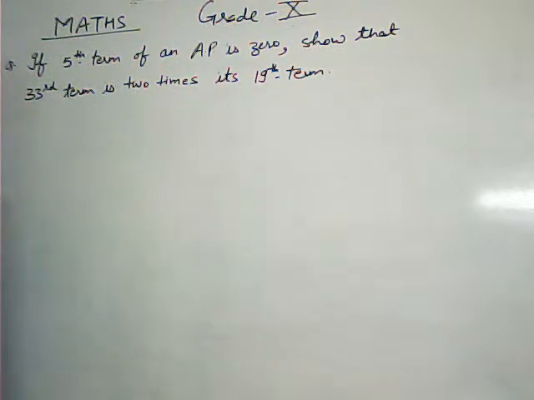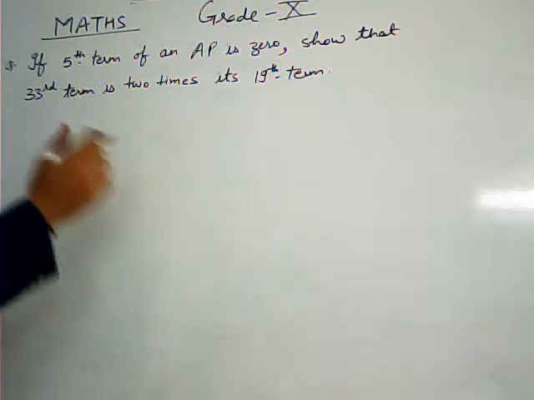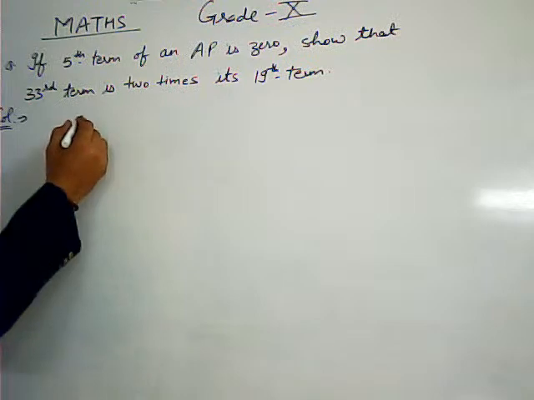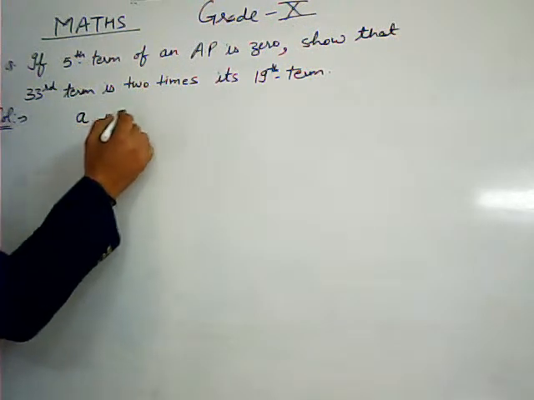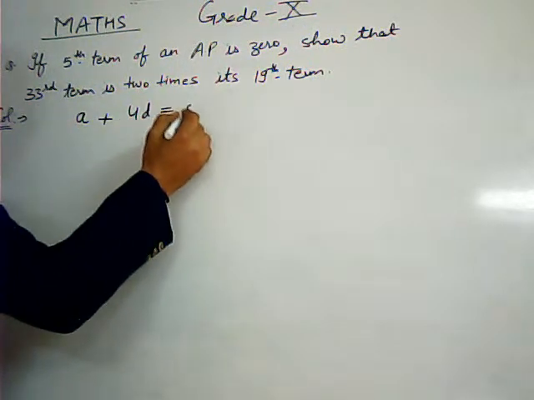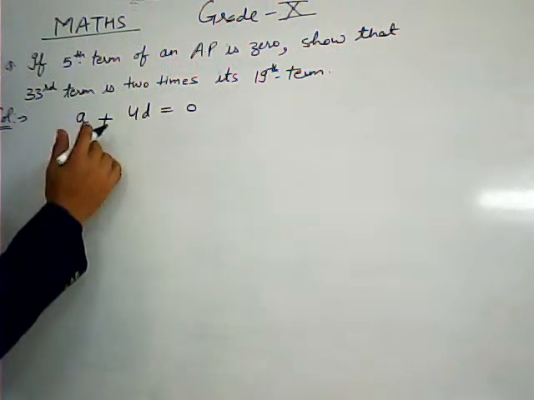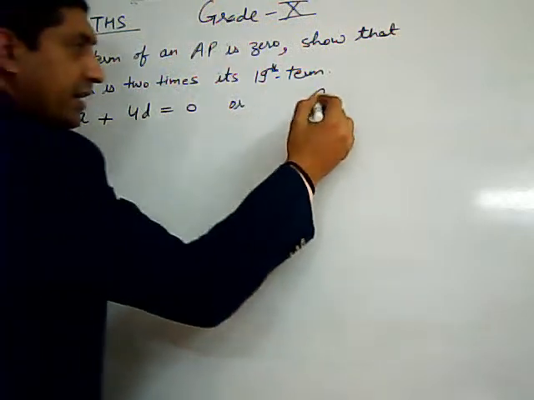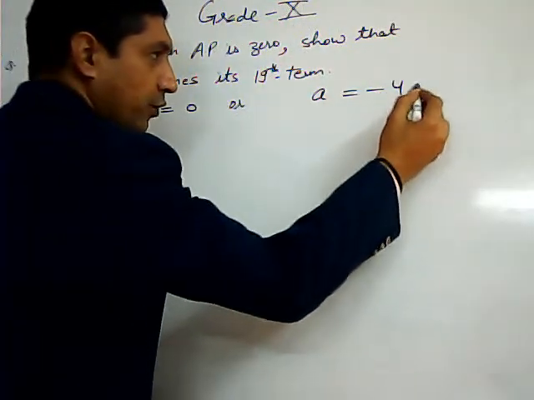So what is given? The fifth term is 0, so A plus 4D is equal to 0, or we can write A is equal to minus 4D.